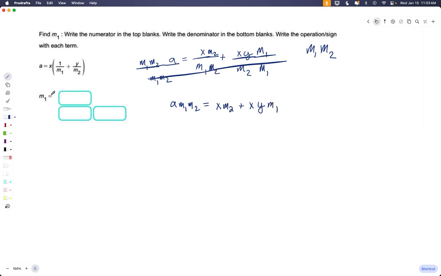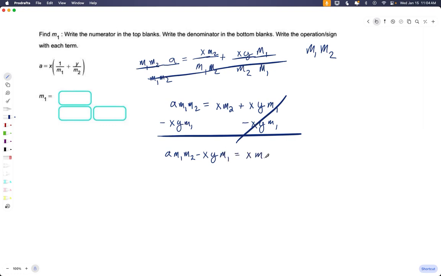We're solving for M1. So we want to get all the M1s on this side. So minus XY, M1 on both sides. Okay. A, M1, M2 minus XY, M1 is equal to X, M2. We get the M1s out.